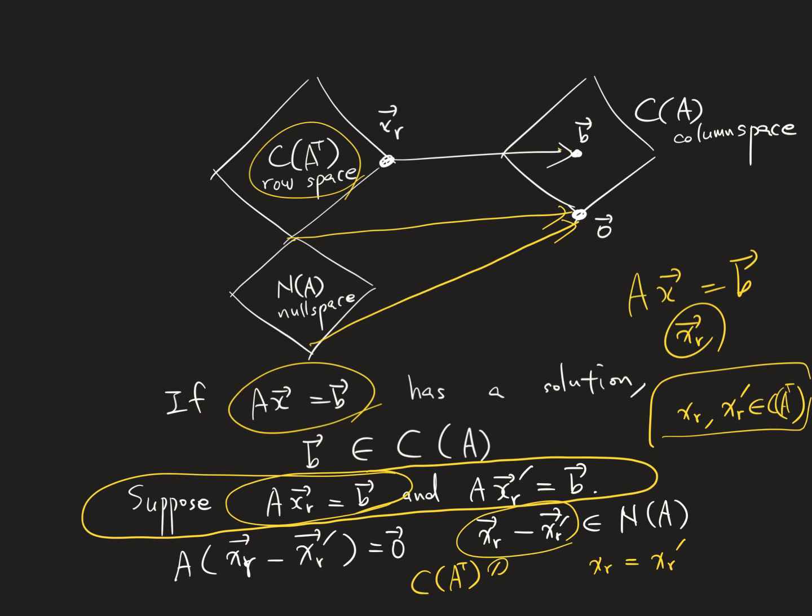Well, you could add some null space solution to this particular solution, but the solution of this equation in the row space is unique.